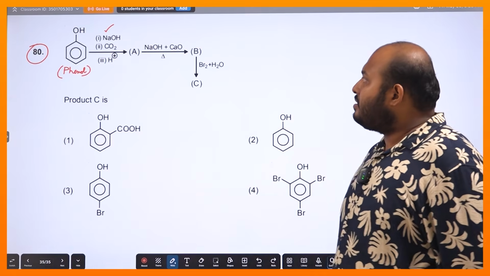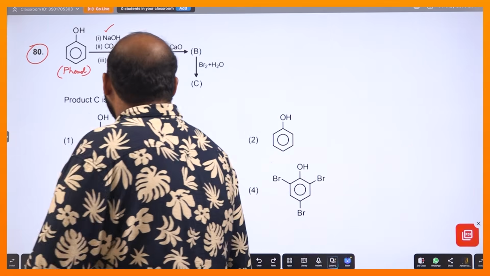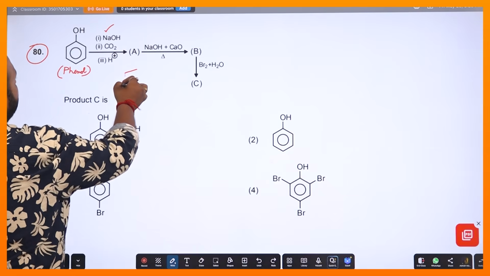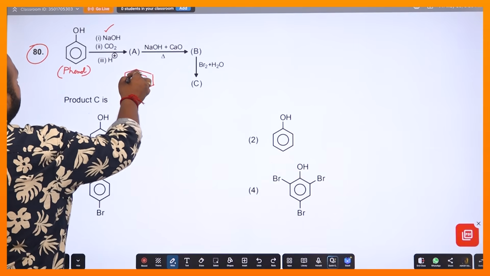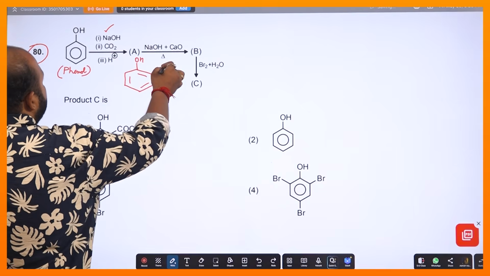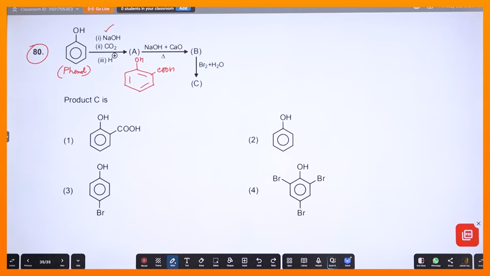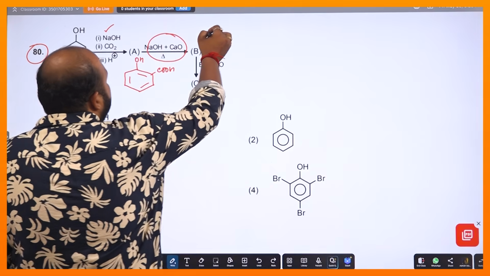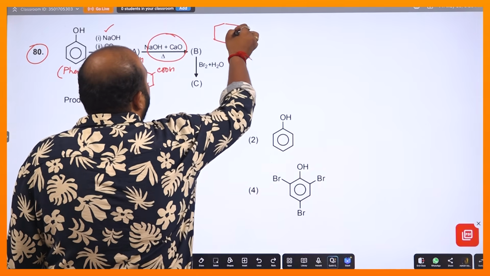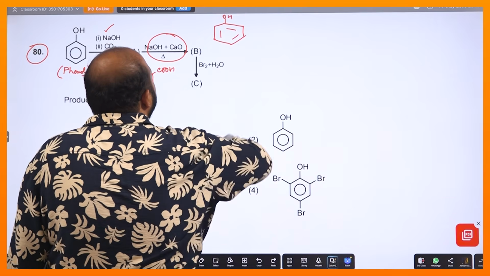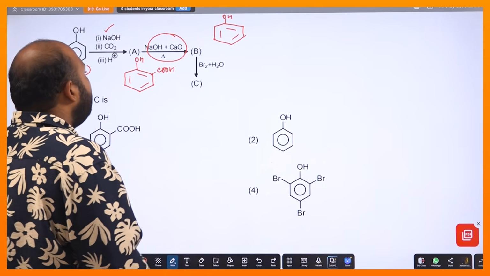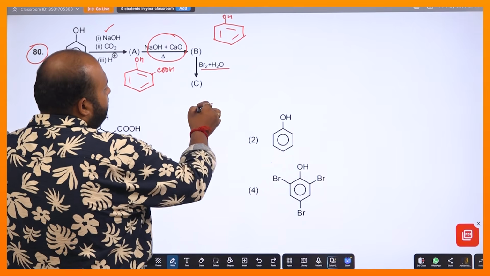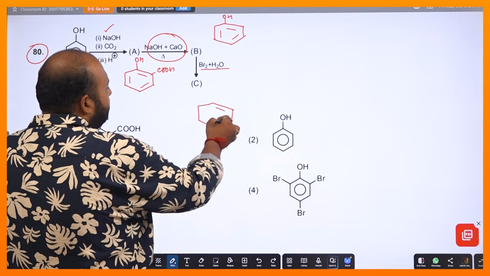NaOH followed by CO2 and H plus will give a product which will look like this, and followed by NaOH and CO, it will get decarboxylated to form phenol again, and followed by bromination in polar medium, three bromine atoms will get inserted.